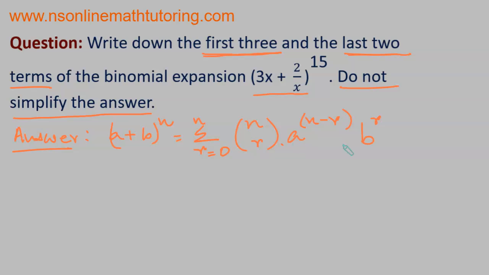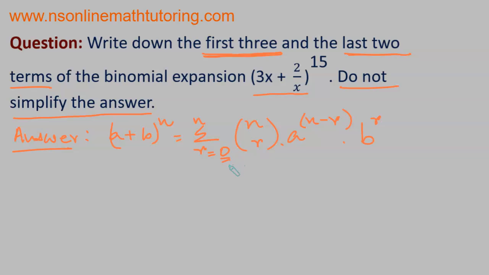Obviously, there are these implied multiplication signs in between. Okay. So, the starting value of r is equal to 0. They are asking for the first 3 terms. So, r value will be 0, 1 and 2.